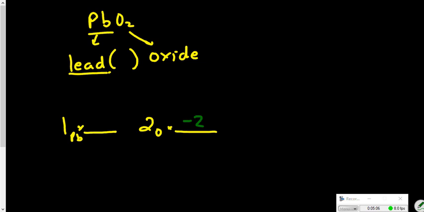We have to figure out what the charge on lead is. But I also know that whatever the charge on lead is, plus the charge on all the oxygens, must equal 0, because there's no charge on a molecule. 2 times -2 is -4. This value would have to be +4. The only value that fits in the blank is +4. And again, this is lead(IV) oxide. So there's 2 ways to think about how to solve for your Roman numeral.